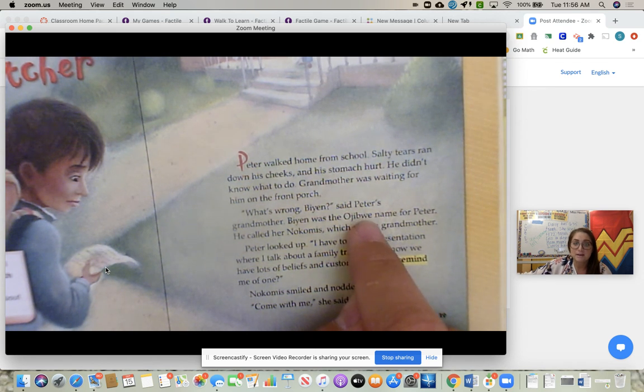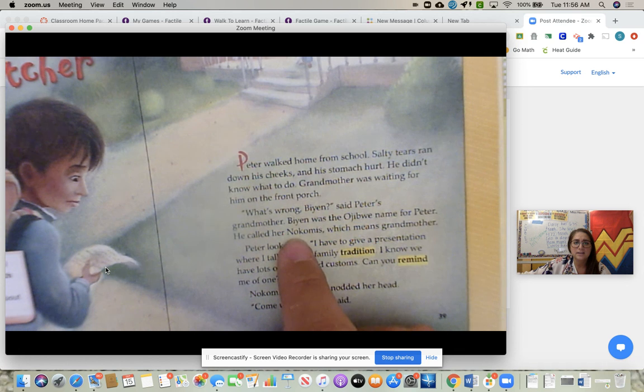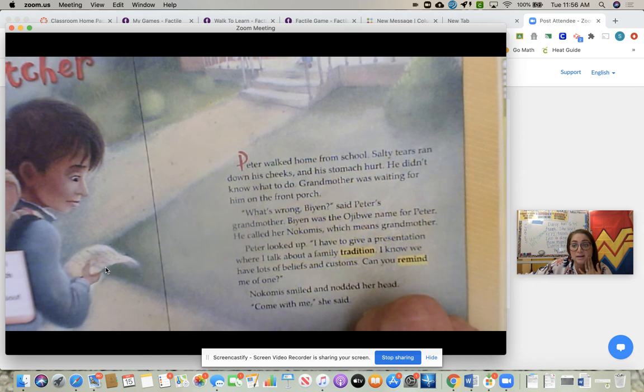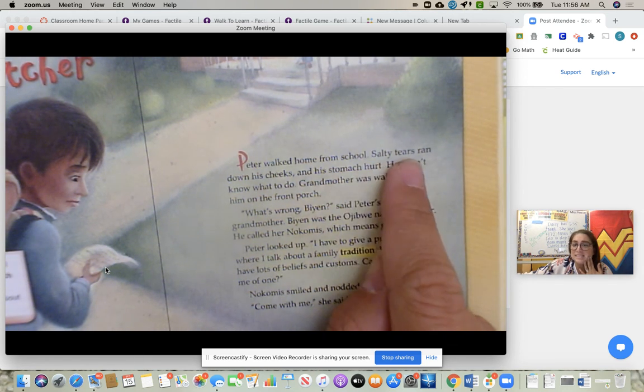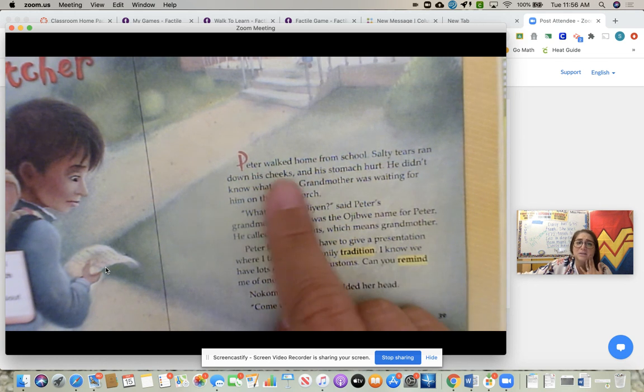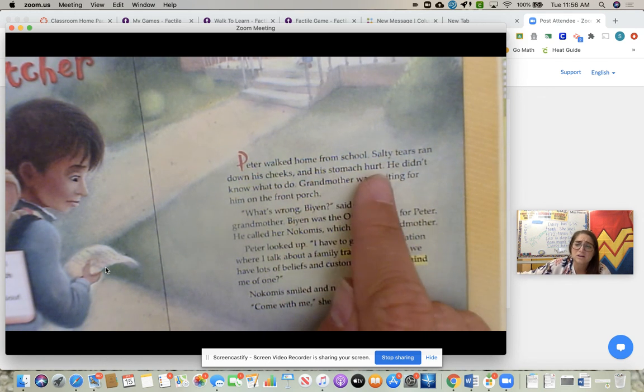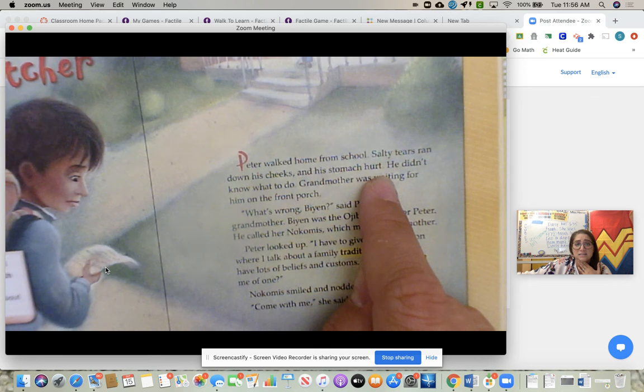And then that made me think about, well, wait, he calls her Nokomis, but it's his grandmother. Why is he calling her the first name? That's rude, right? Well, then we discussed too that grandmother probably means Nokomis in their home language. And then we talked about why he is sad. Salty tears ran down his cheeks and his stomach hurt. So think, why is he sad?